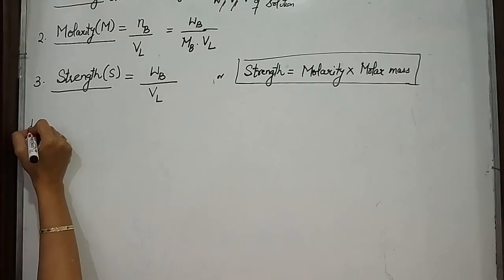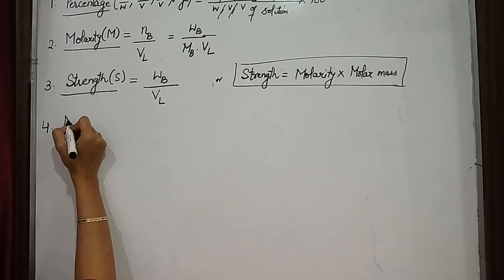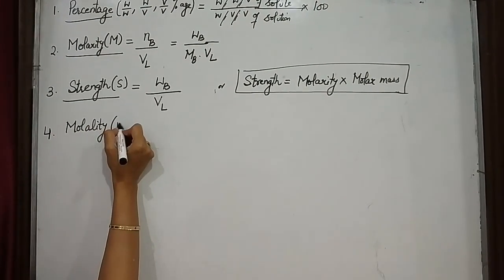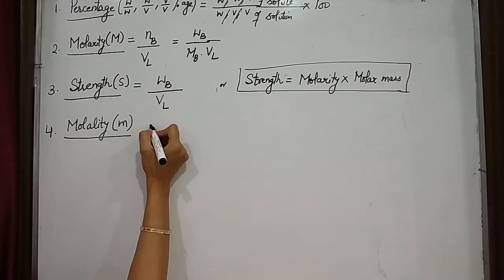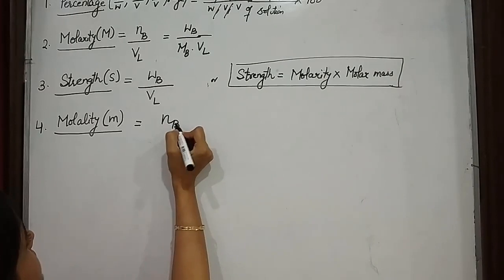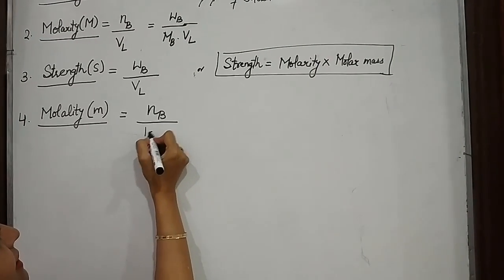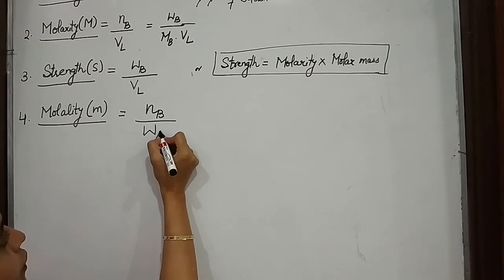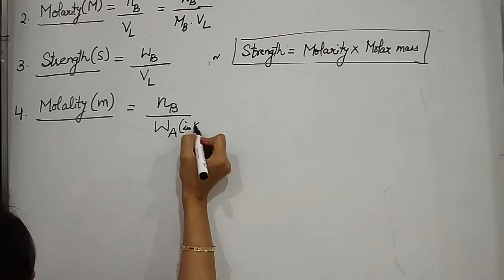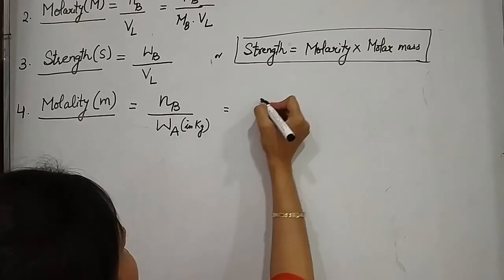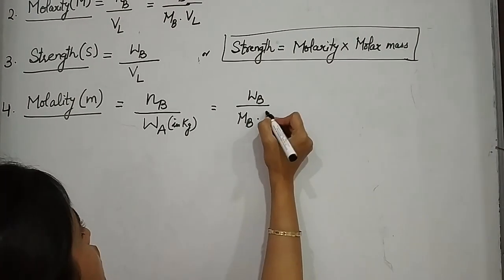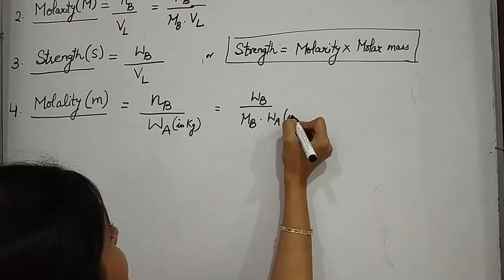Then fourth is molality, which is represented by small m, and it is equal to number of moles of solute present in 1 kg of solvent. Or you can write here WB upon MB into WA if it is in kg.